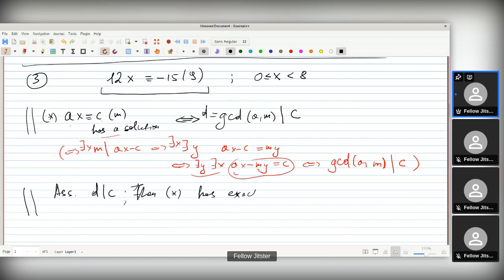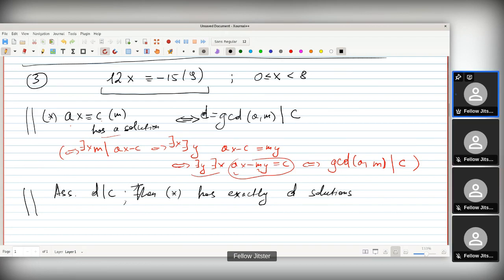How many of them? Greatest common divisor. But what was our notation for this number? D probably. The greatest common divisor. Oh yeah, D solutions. Yes, it has exactly D solutions.